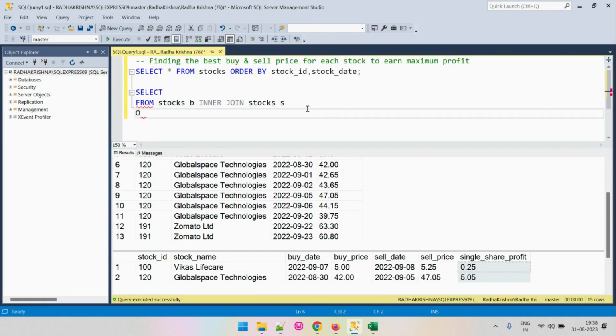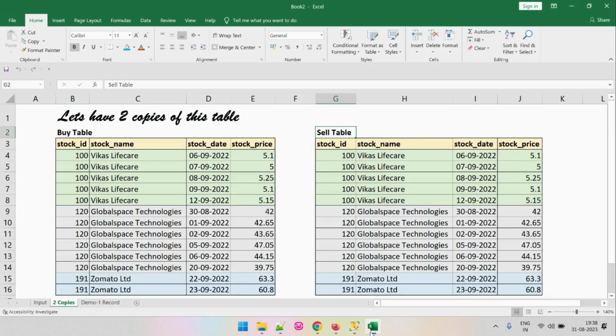We need to understand what the joining condition should be. Whenever we buy a share, we cannot sell it on the same day. We can sell it from the next day onwards, as per the criteria of this problem.